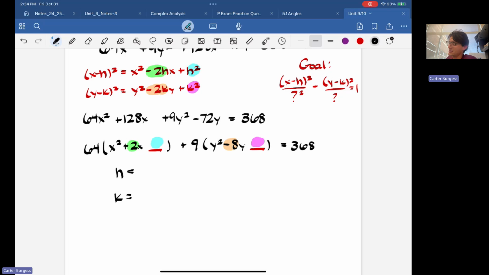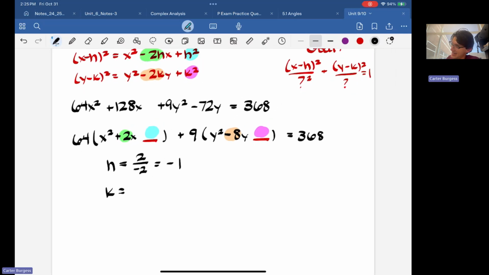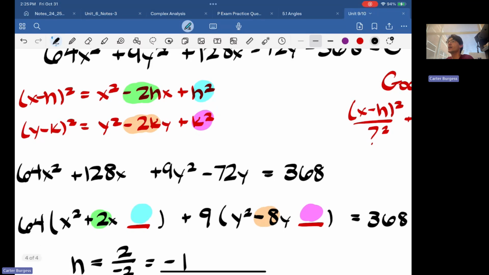Taking this coefficient and dividing it by -2, I get -1 for h. And -8 divided by -2, I get a k value of 4. Because you'll notice that in our equation here, the coefficient in front of x is -2h, and the coefficient in front of the y is -2k. So if you divide it by -2, that'll tell you what h and k are.